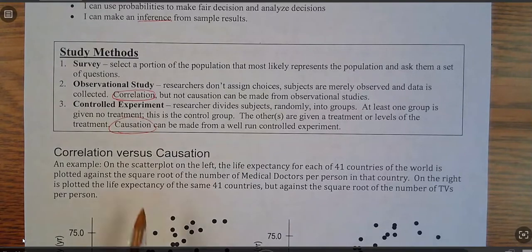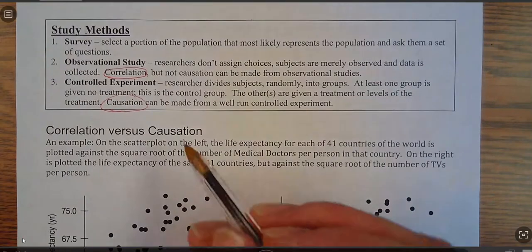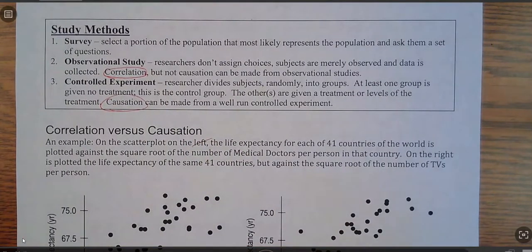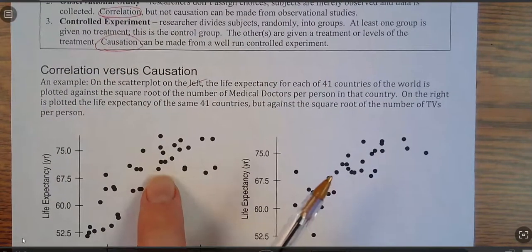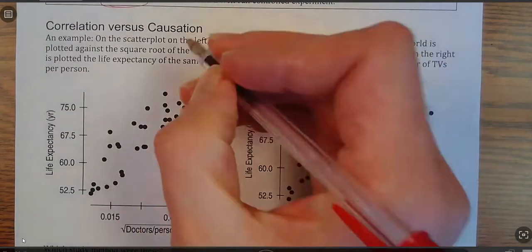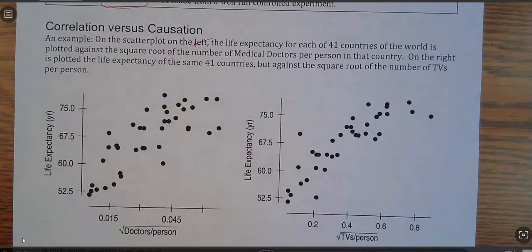On the scatter plot on the left, the life expectancy for each of 41 countries of the world is plotted against the square root of the number of medical doctors per person in that country. They square rooted it just to make it linear. We'll talk about the linear part of this tomorrow.